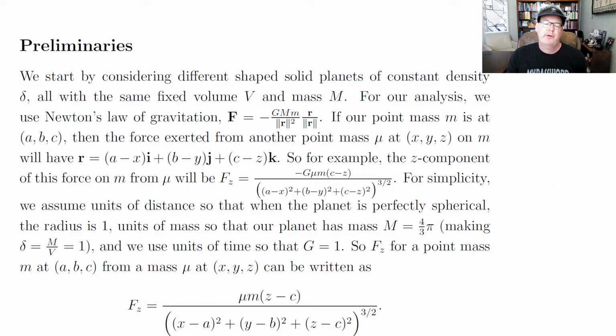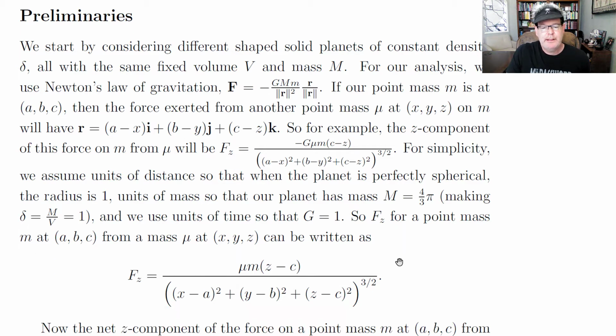Just to mention, if I want to generalize and put the point mass anywhere, say at the point a, b, c, and I use this version of gravitational force with a minus, well, that's when r is from the big mass towards the point mass. So we have that minus. Anyway, that would be the direction.